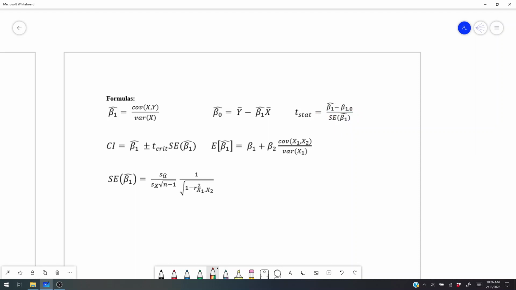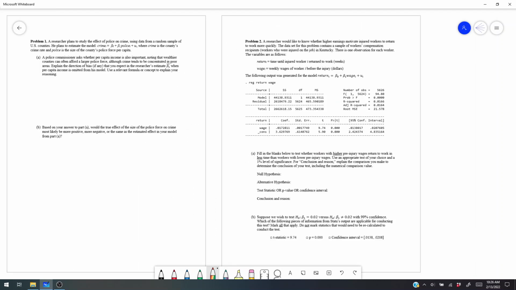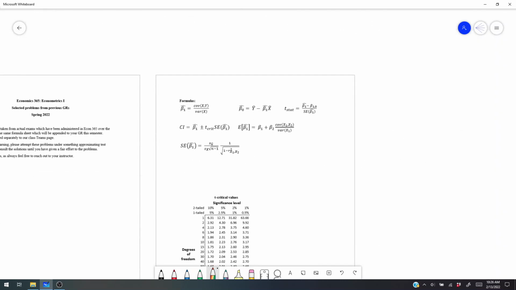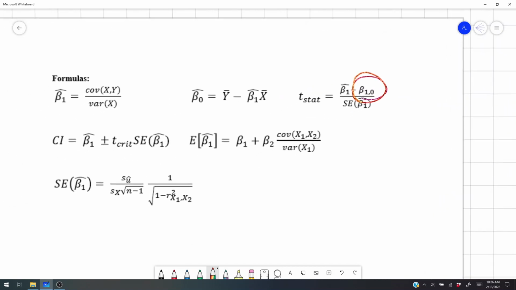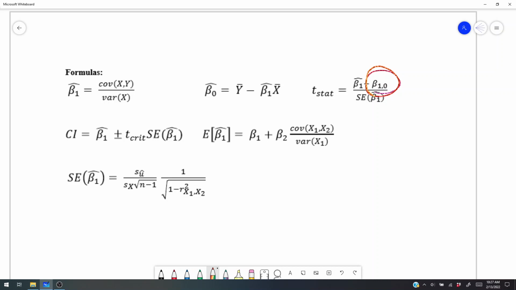The other piece here is going to be the null hypothesis coefficient, the value that you suppose the coefficient might be that you want to test it against. So you need to make sure that you know where that came from and know what value it's supposed to be in a given problem. Usually it's 0. By default in Stata, it's 0, but it doesn't have to be all the time, right?